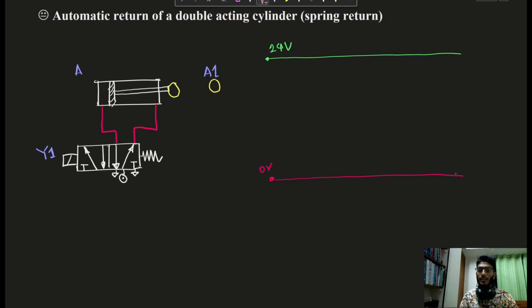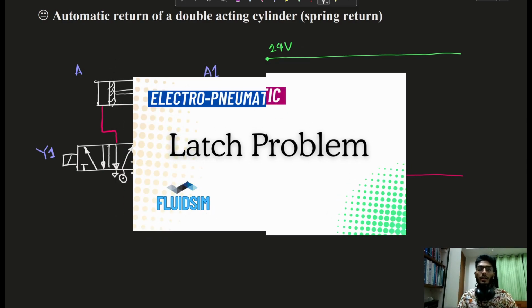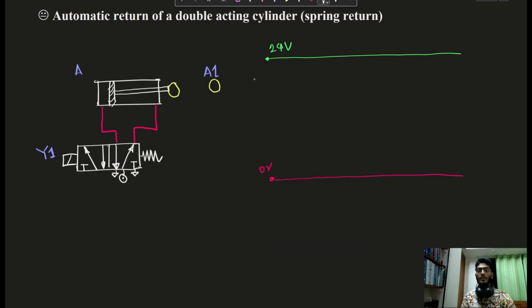I already solved a spring return problem in the previous video. There I introduced the latching concept. I have to use that concept here also. So I'm going to apply the dominant off concept. If you haven't watched the latch concept video, please watch that. Otherwise, you won't understand what I'm about to do.